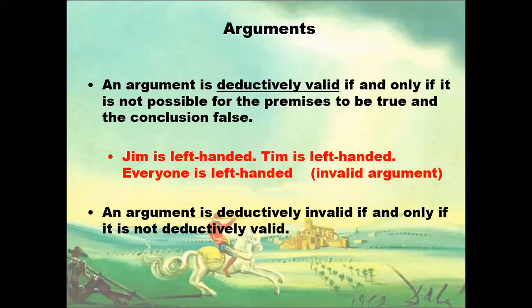So valid has to do with, is this argument logical or not? Sound has to do with, are the parts of the argument also true? So it's a separate consideration. Hopefully that makes sense. I want to come back to this next class and I'll put it on the board when we're back in the classroom.